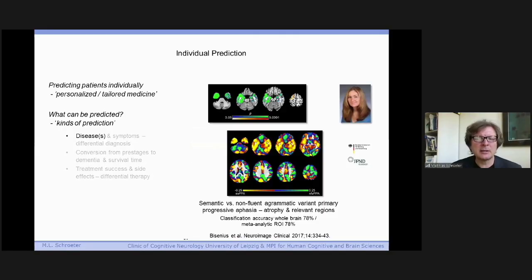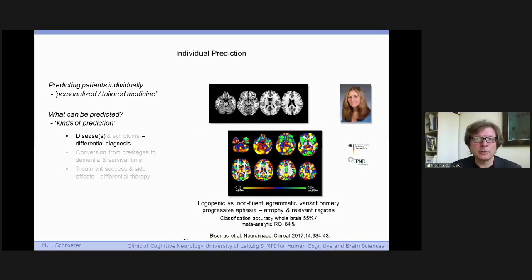However, in clinical practice, we are more interested in differential diagnosis, for instance, separating the different primary progressive aphasia subtypes. Here I show you the results for semantic variant PPA in comparison to non-fluent agrammatic variant PPA, and we can also reach a good classification accuracy of 78%.